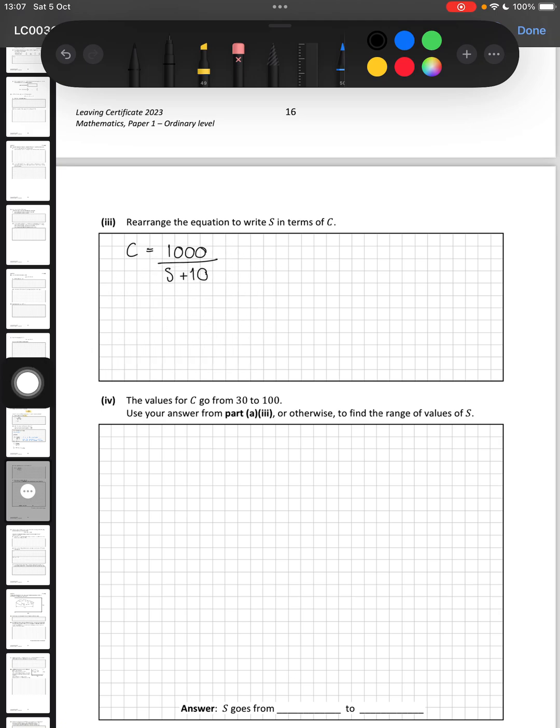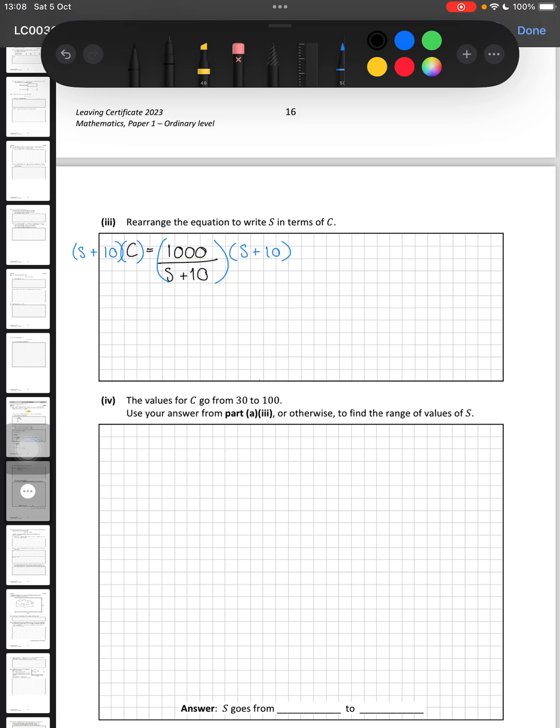We need to get S on a side by itself, but it's in the denominator. I don't want to work with it when it's in the denominator. So I'm going to try and get rid of this denominator first. How will I do that? If I want to get rid of something that's dividing, I multiply. So I'm going to multiply by S plus 10 on both sides.